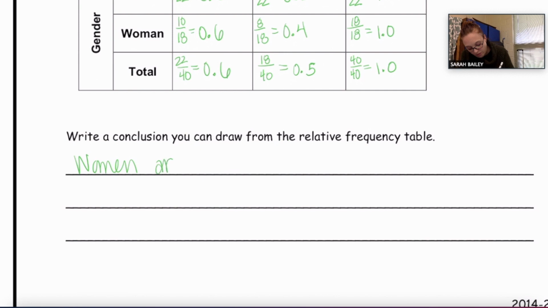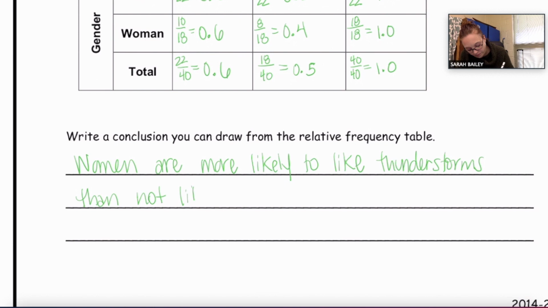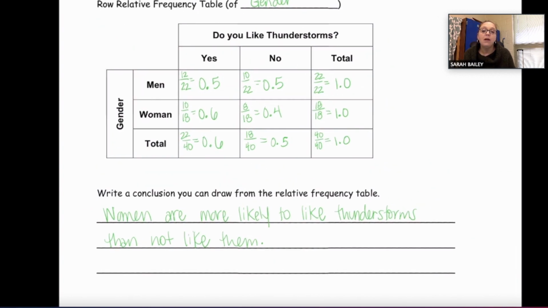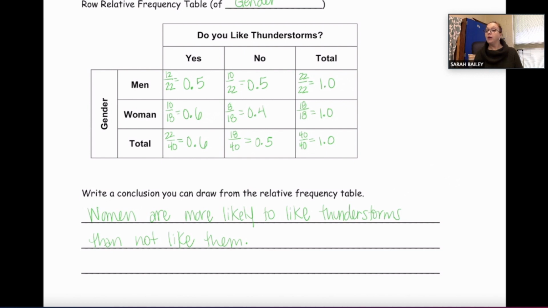Women are more likely to like thunderstorms than not like them. We can't make any conclusions about more men than women like them or less men than women like them or any of that.